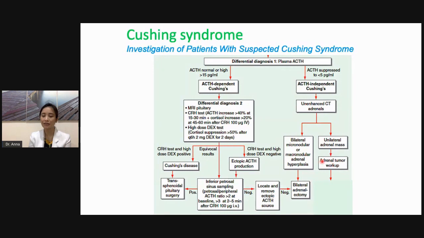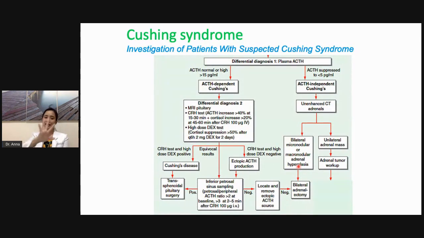Then you proceed to do the other workups for your adrenal tumor, because you also have to work up the patient for the other layers of the adrenal gland. Importantly, you have to rule out pheochromocytoma as well. If there's no tumor, then you can consider bilateral micronodular or macronodular adrenal hyperplasia. But of course, this is very rare.